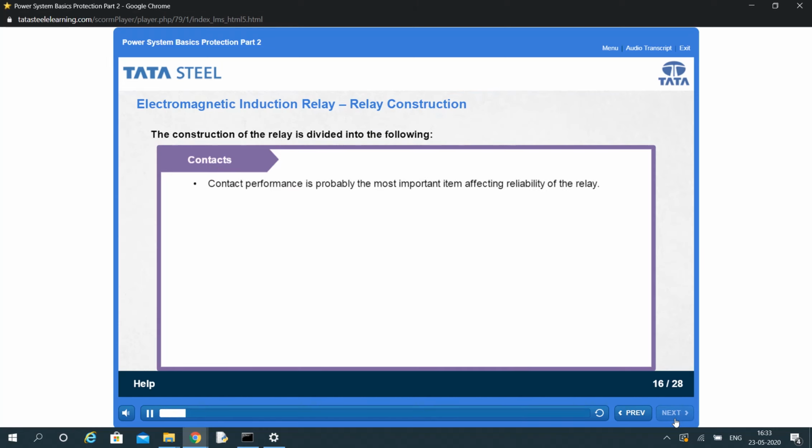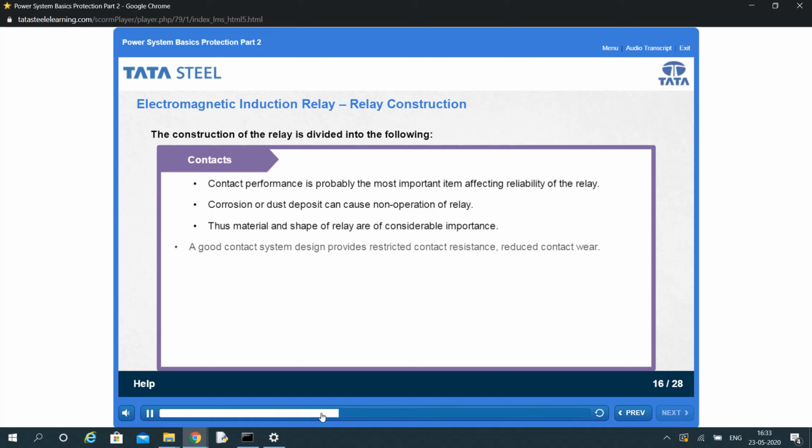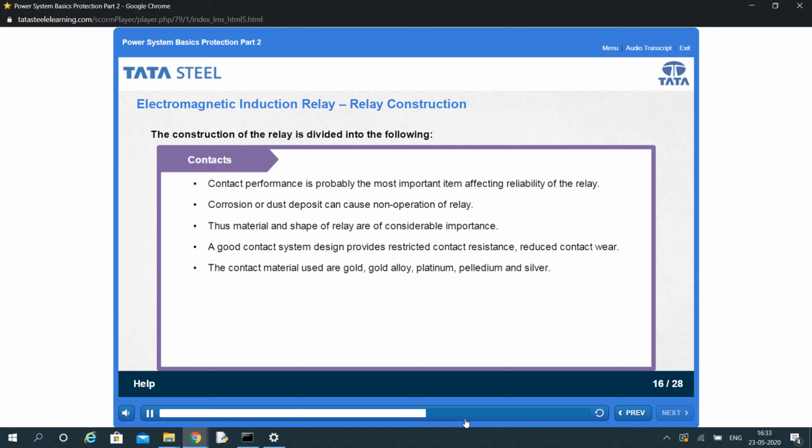Contact performance is probably the most important item affecting reliability of the relay. Corrosion or dust deposit can cause non-operation of the relay. A good contact system design provides restricted contact resistance and reduced contact wear. The contact materials used are gold, gold alloy, platinum, palladium and silver.